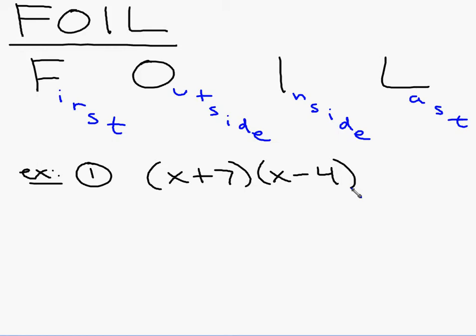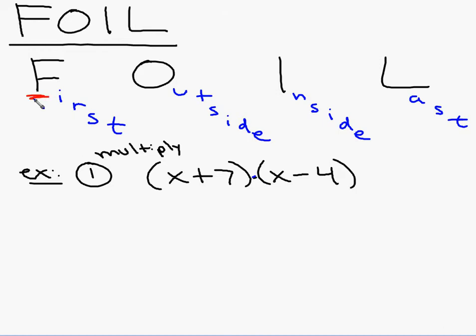Both of those binomials are in parentheses, and if you're asked to multiply this, although it's not written in between, we are talking about multiplication here. So here's the way this acronym helps us, it tells us how to do this multiplication.